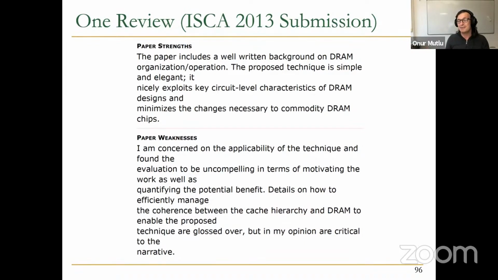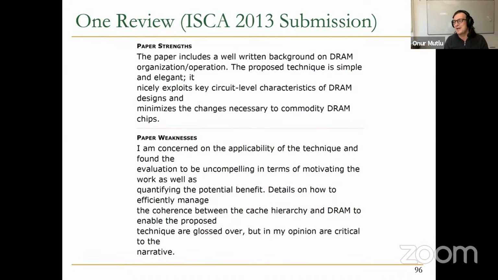And I would like to mention this to you because people are watching us everywhere, I think. It's important to have an open mind and understand where evaluation fits in terms of the overall impact of a work. If you find it conceptually and mechanism-wise elegant, evaluation may not be as important, right? And that should not be a reason to reject a paper, I will argue, for the sake of scientific progress, because clearly there is some value in the paper. And how bad can the evaluation be, right?